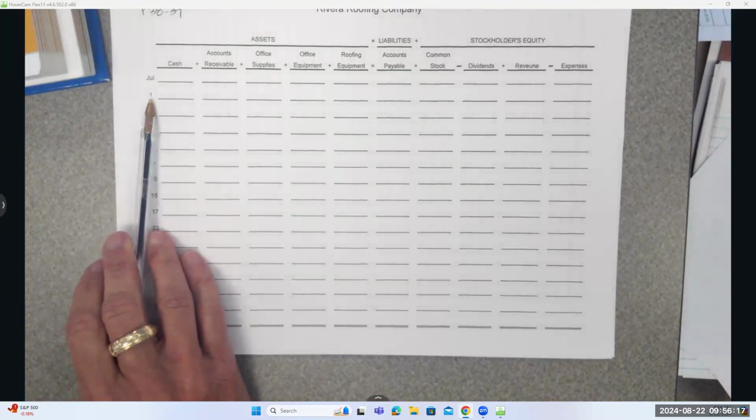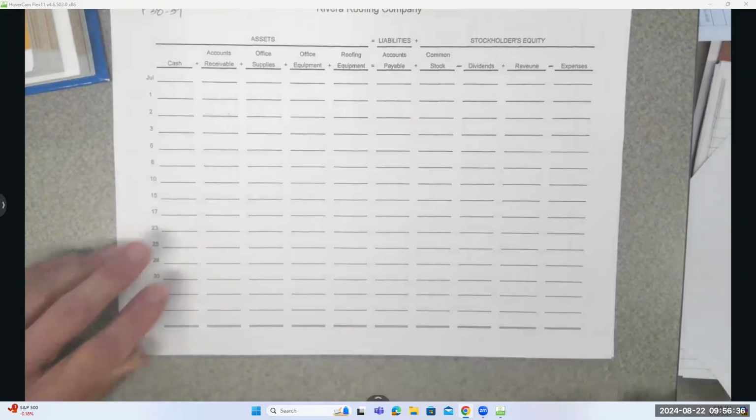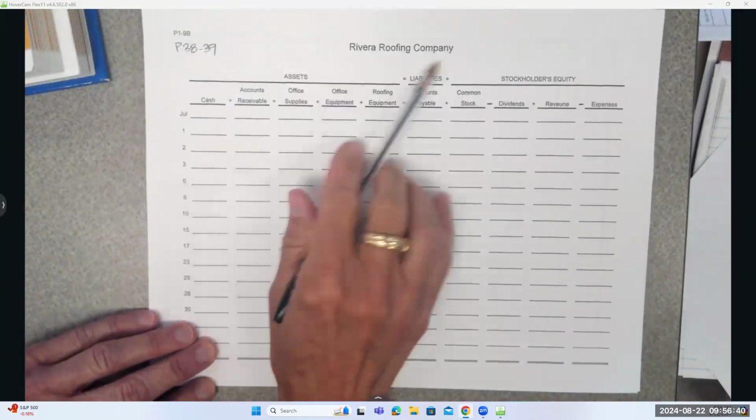So the first thing, on July 1st, Reina Rivera invested $80,000 cash in the company in exchange for its common stock. What accounts are affected? Well, we again are doing the business account.